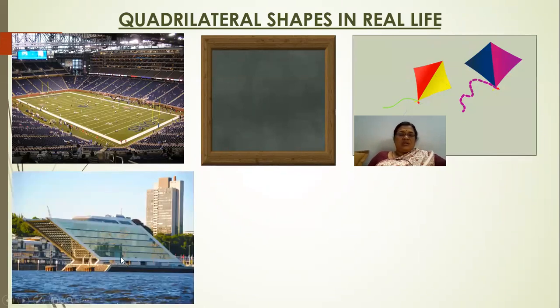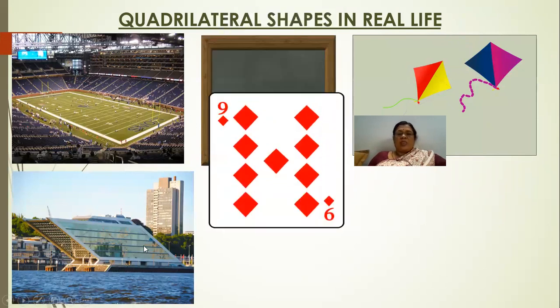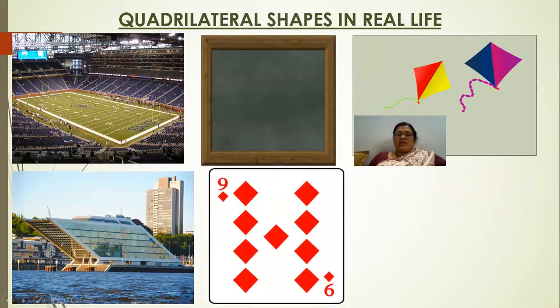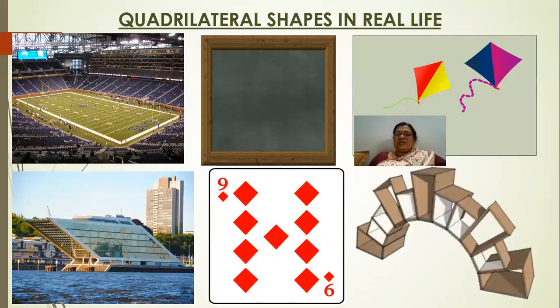This one, I think, is a swimming pool. This is a play card, and this is an arch. So when you closely observe, all these shapes are closed polygons, that is four-sided figures, isn't it?